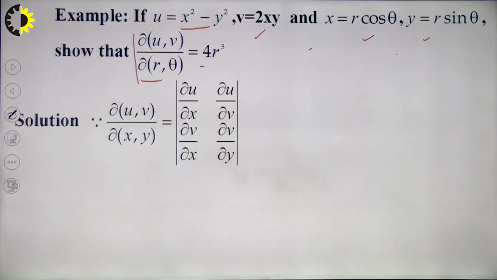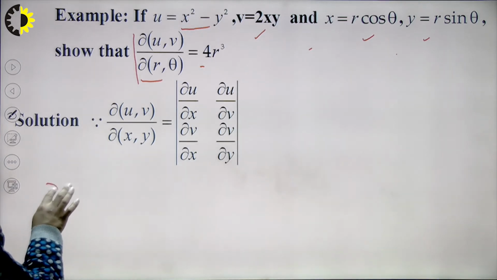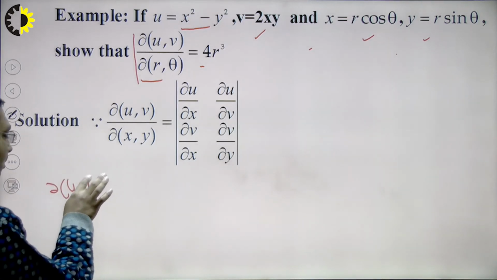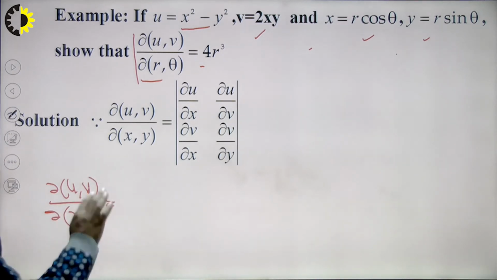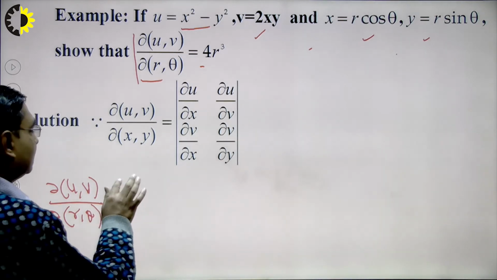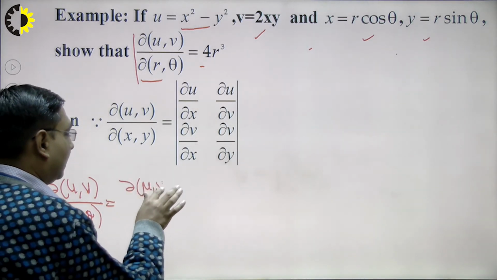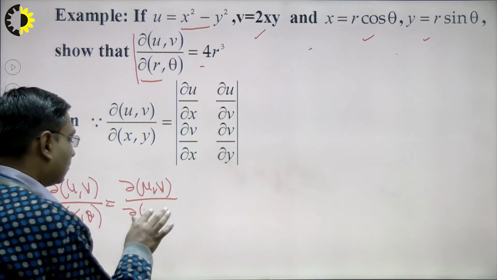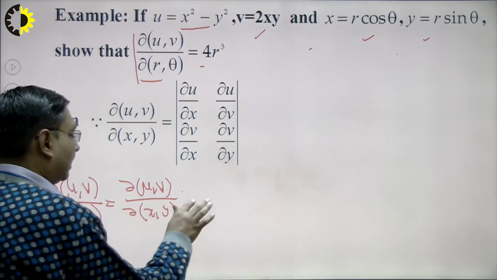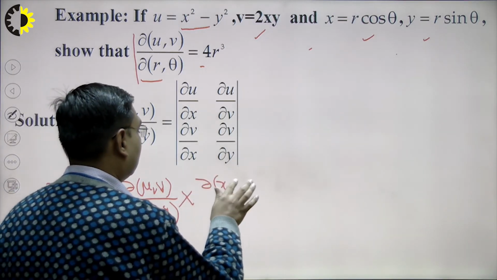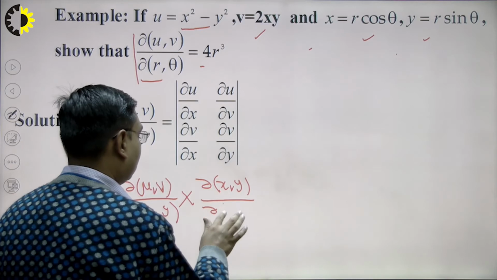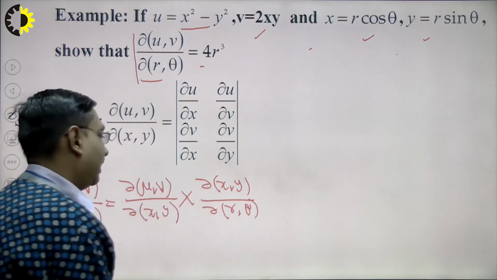What we will do? We will use the property mentioned in last slide, and we know that this Jacobian del uv over del r theta can be written as del uv over del xy multiplied by del xy over del r theta.